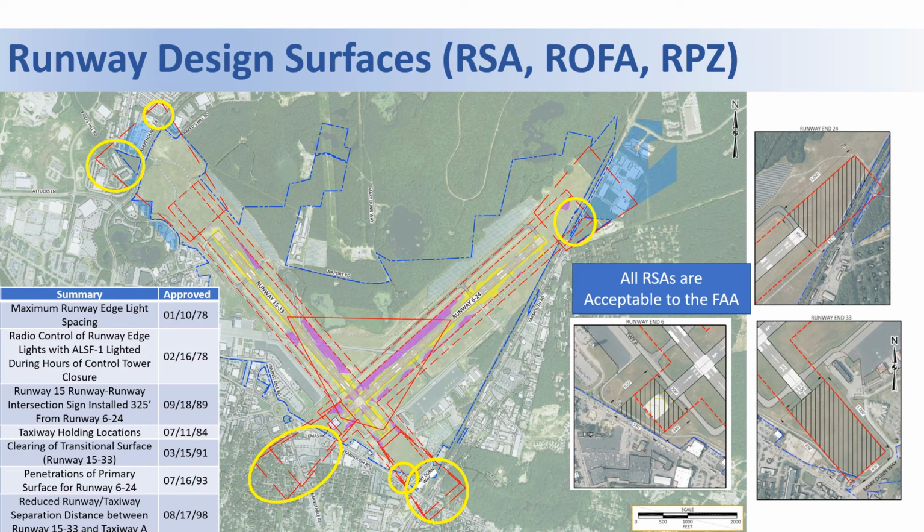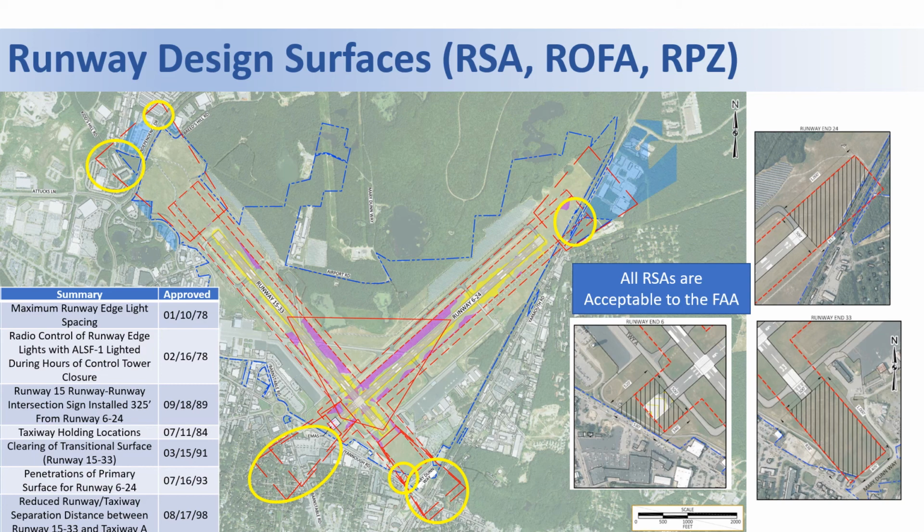While they're not physical infrastructure, runway design surfaces, which are imaginary surfaces, are important considerations for the airport. The runway safety area, which is immediately adjacent to the runway, the runway object-free area, which is just outside of that, as well as the runway protection zone, which is a trapezoidal area off the end of each runway.